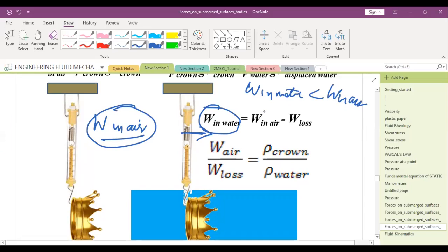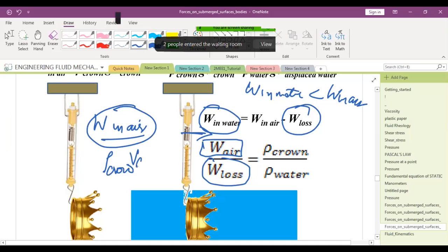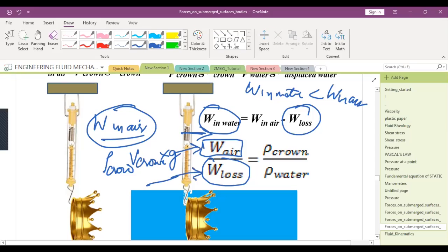So the difference is called the weight loss. And when he took a ratio of weight in air to weight loss, what is the weight in air? Rho crown into volume of crown into g. This is the weight in air. And what is the weight loss? The weight loss will be equal to the buoyant force.